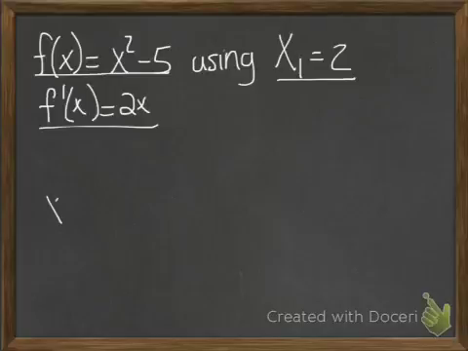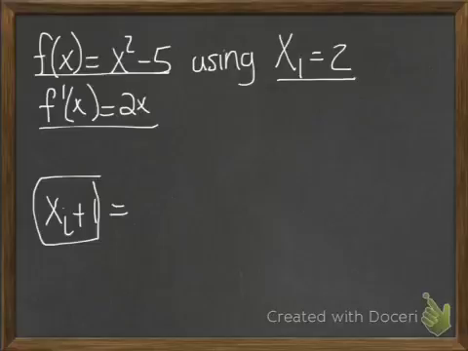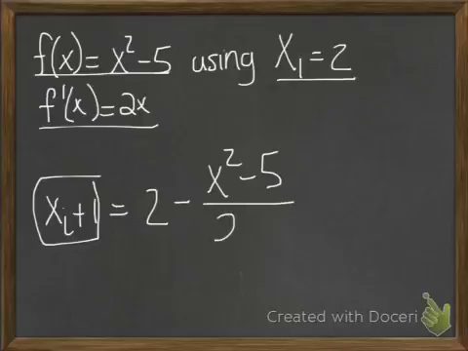So let's go ahead and plug that into the Newton's method formula. We have x_{i+1} equaling, we're going to worry about this later. First, let's do the right hand side. We have x_i, our initial guess, which was 2, minus the function up at the top, f of x, which we know is x squared minus 5, over 2x, which is our derivative.